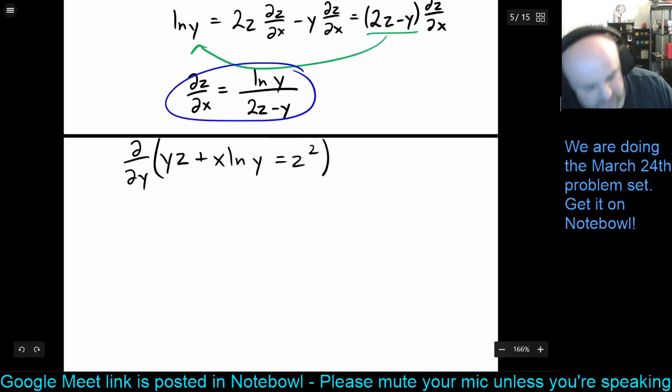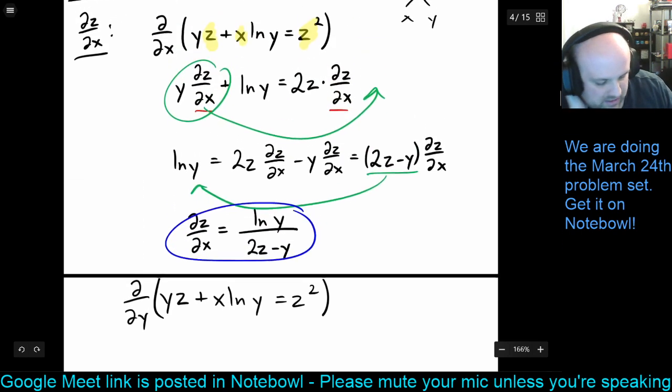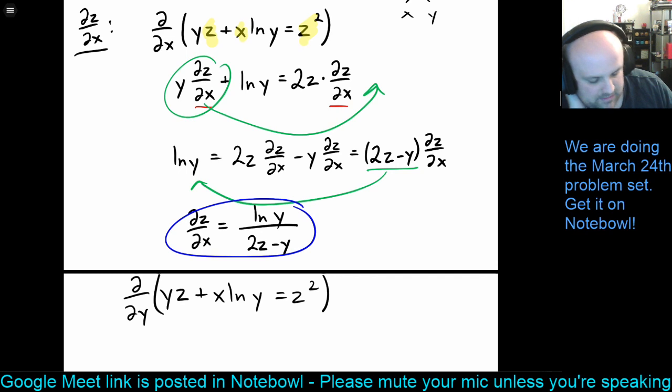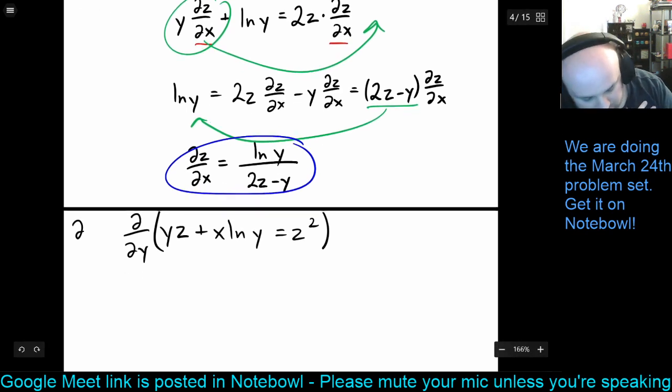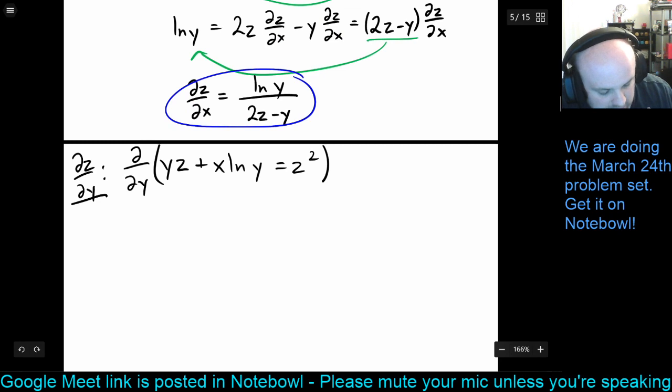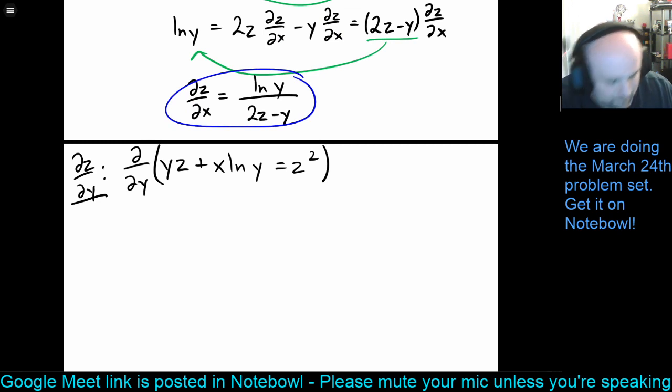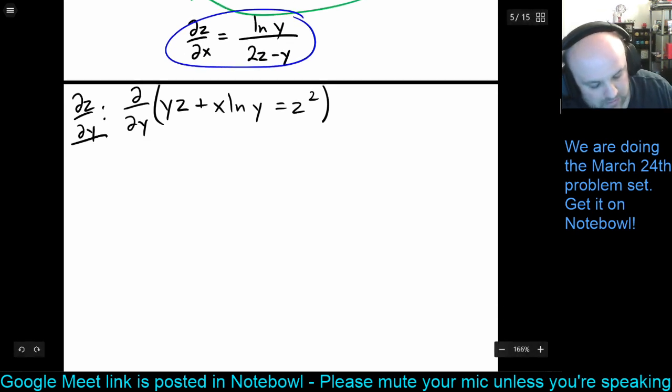So hopefully, if there's any confusion with this first part, let's try this one and see what's going on here. So it should be kind of the same ideas. All right.